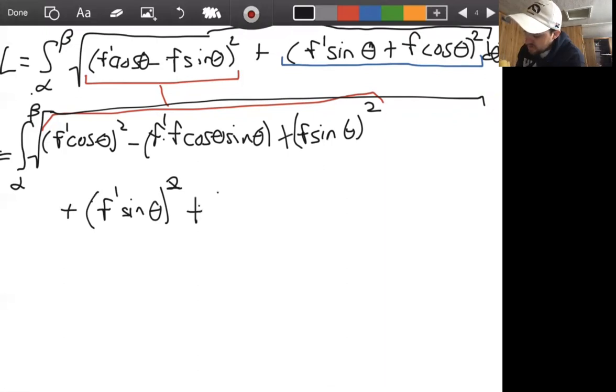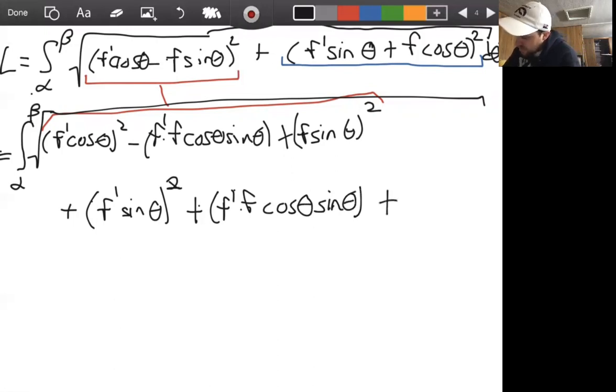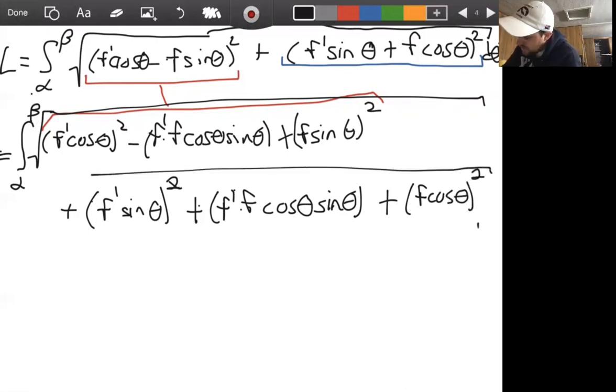So this is plus f prime times f times cosine theta times sine theta. Okay, and then the last term is going to be f cosine theta squared. And so all under the square root d theta.